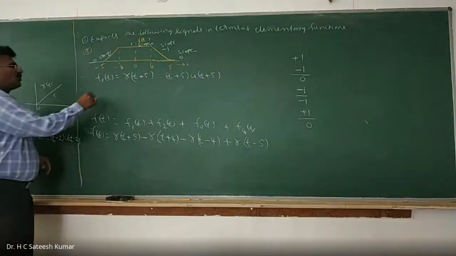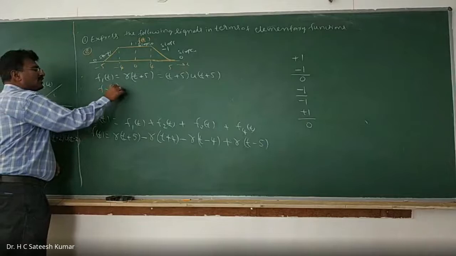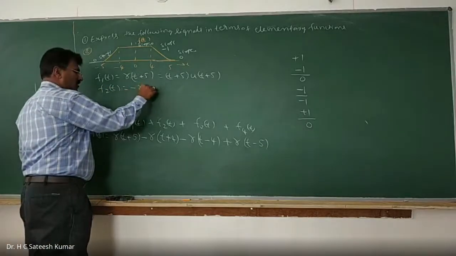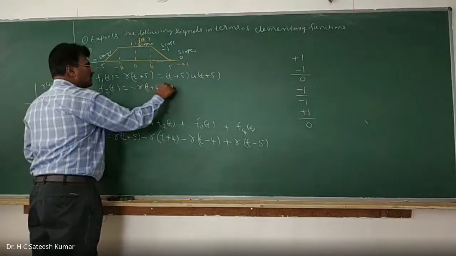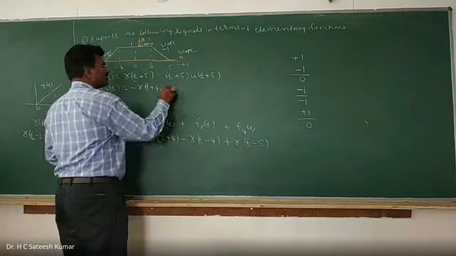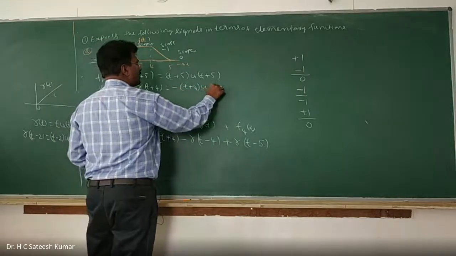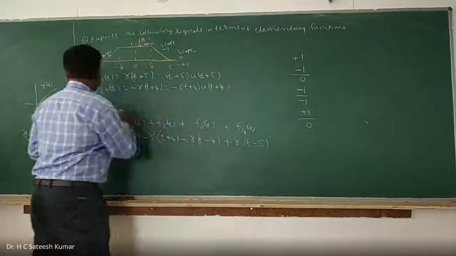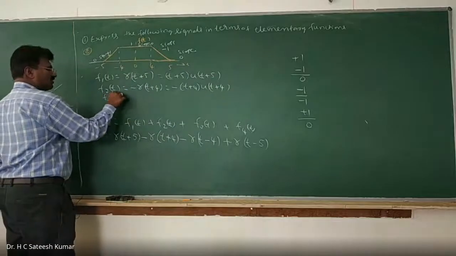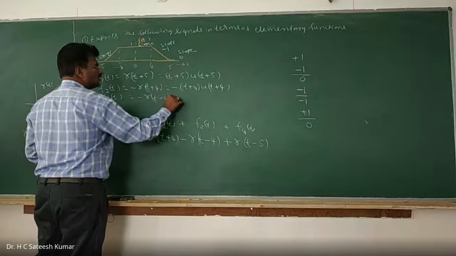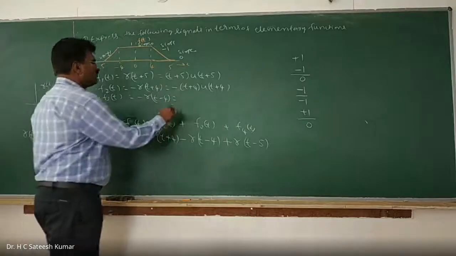Okay. F2 of t is equal to minus r of t plus 4, which is equal to minus of t plus 4 into u of t plus 4. F3 of t is equal to minus r of t minus 4, which is nothing but equal to what?